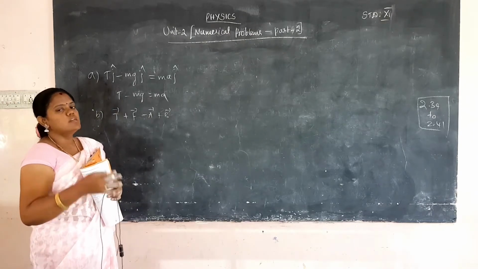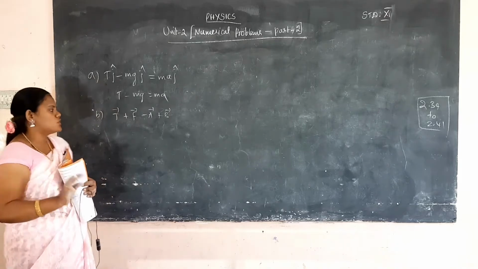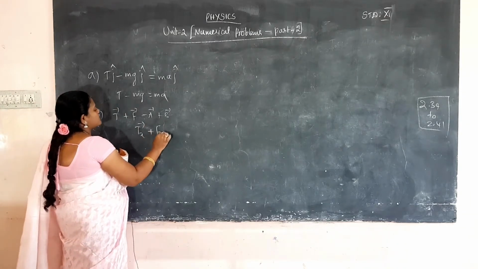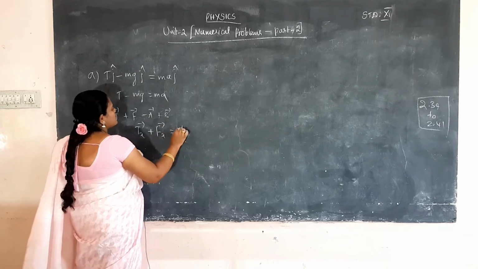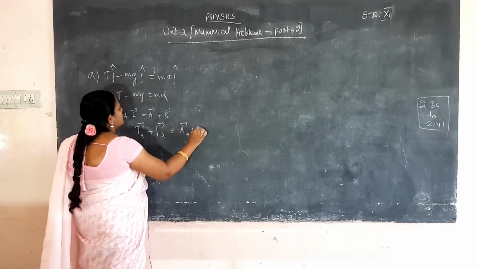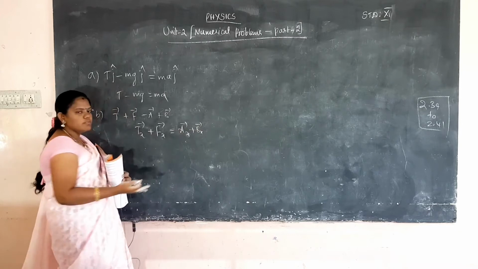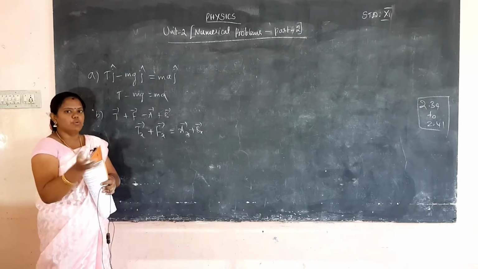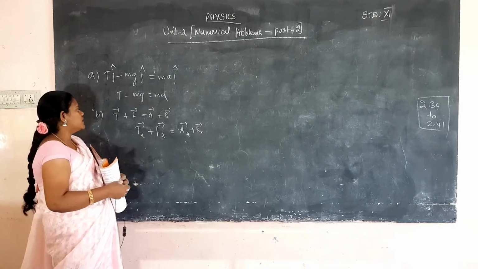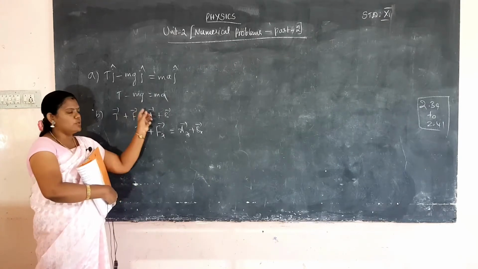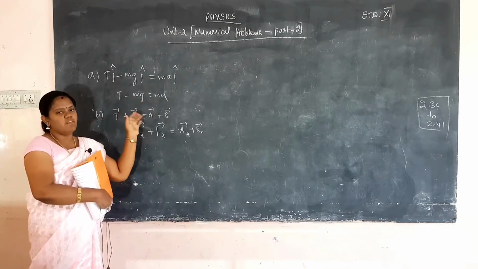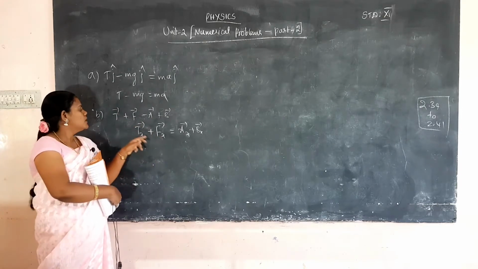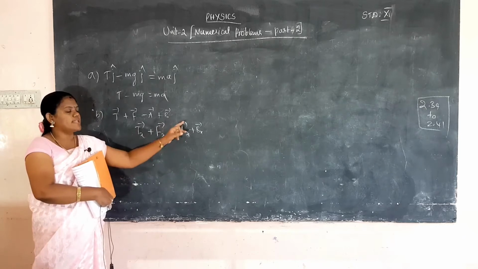So Tx vector plus Fx vector is equal to Ax vector plus Bx vector. Just mention the x components. No unit vector is there, so you have to mention all the individual terms with respect to the x components. So Tx, Fx, Ax and Bx.